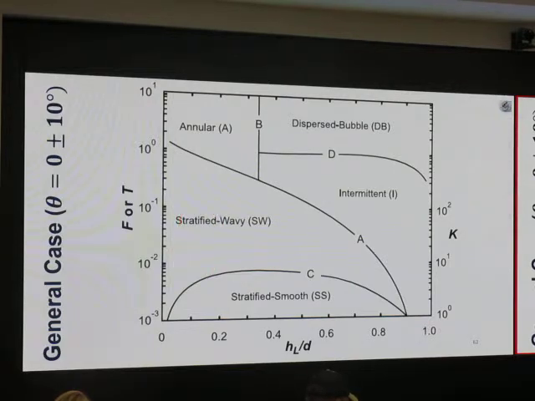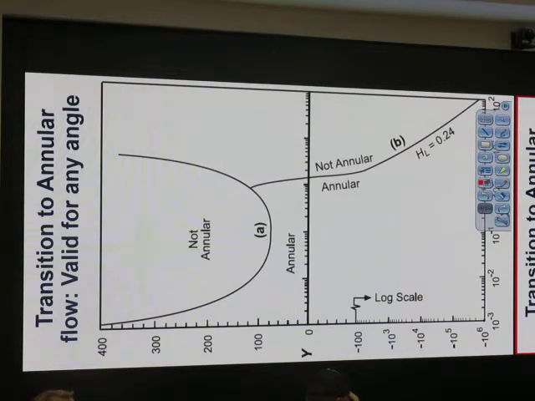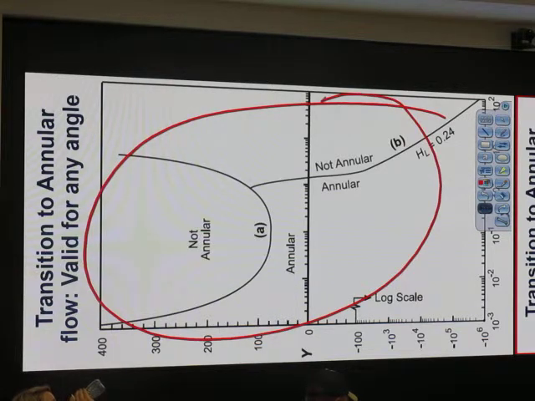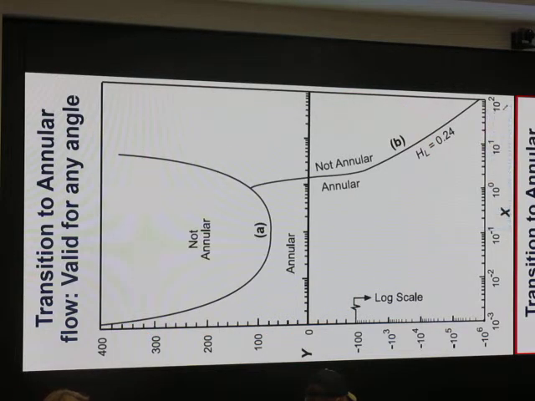So the prediction of annular or not annular from this chart is not the same as from this chart. We go by this one because this is the more updated model. This chart is so easy. Once you get the values of x and y, you find where that value is.